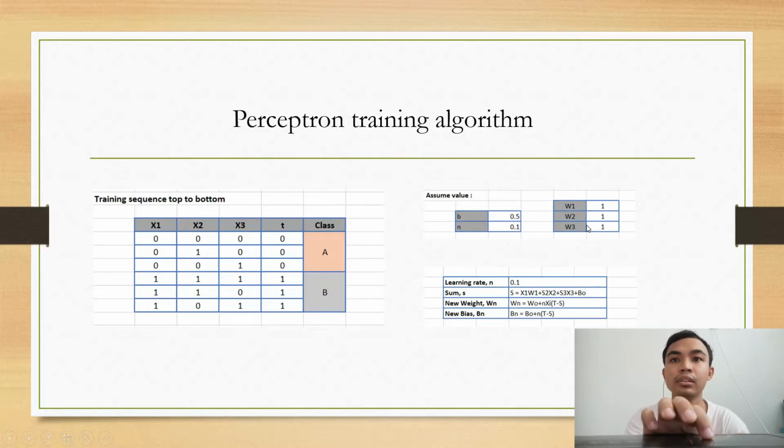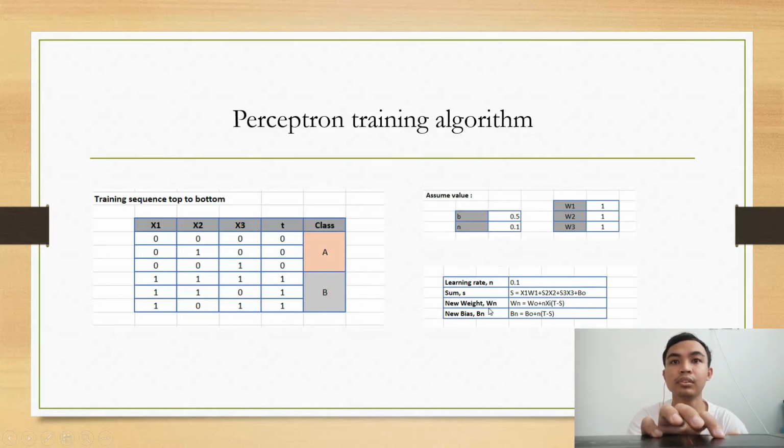So this is the formula that we use in the perceptron training algorithm, where the learning rate is 0.1, and the sum S equals x1 W1 plus x2 W2 plus x3 W3 plus Bo. This is the bias.